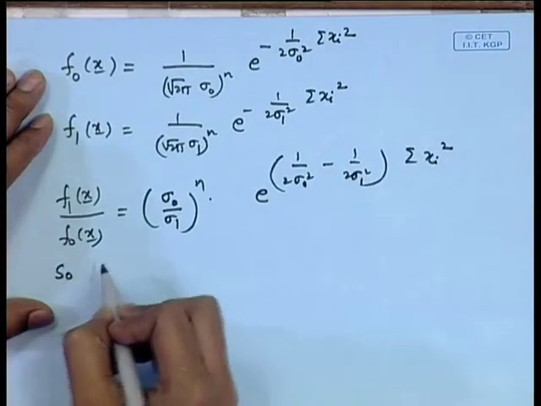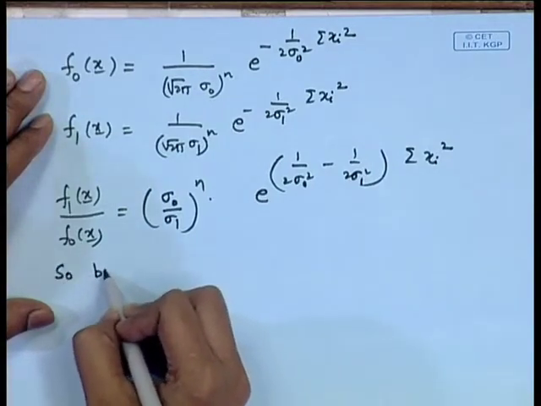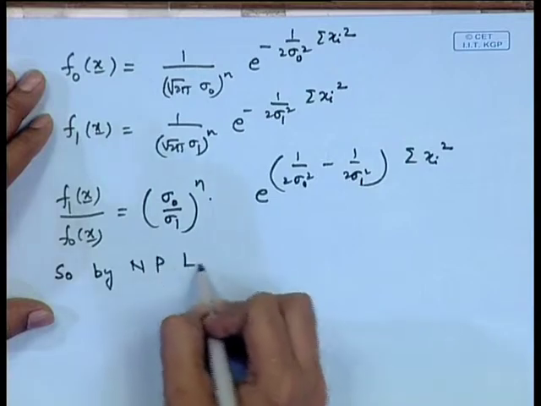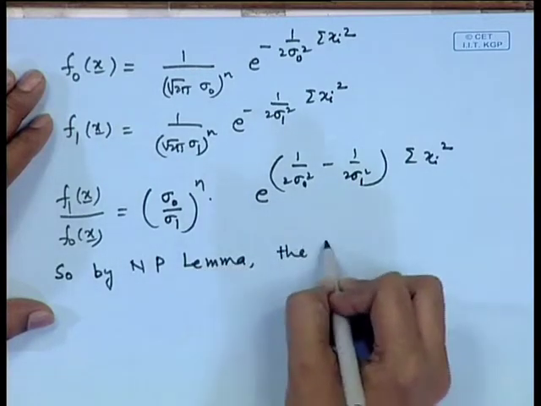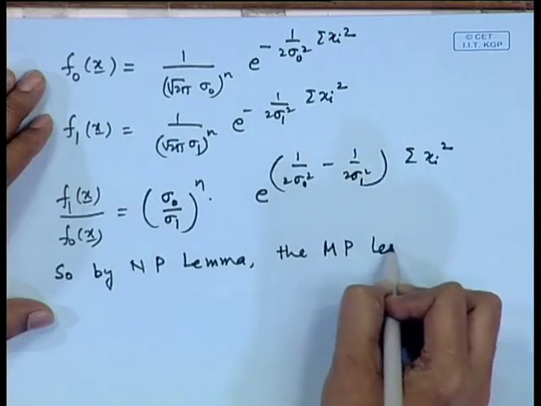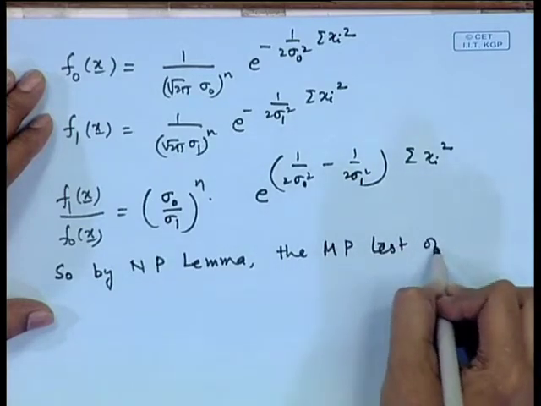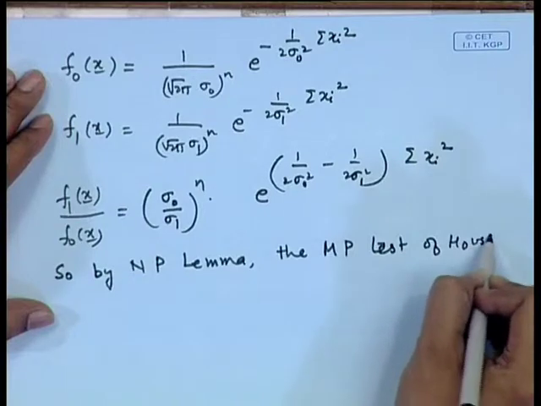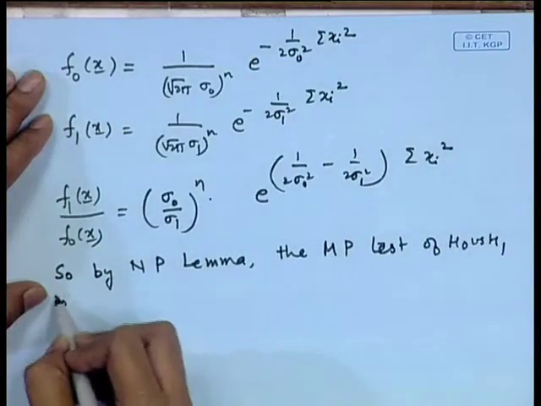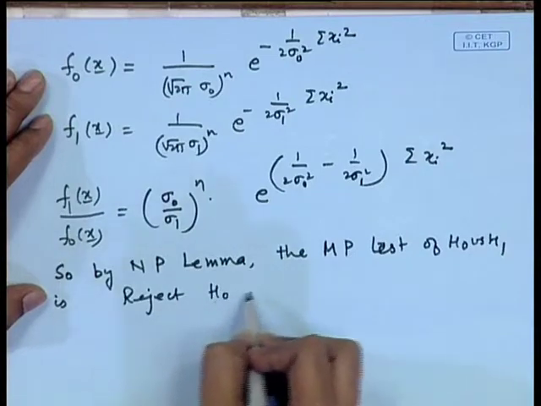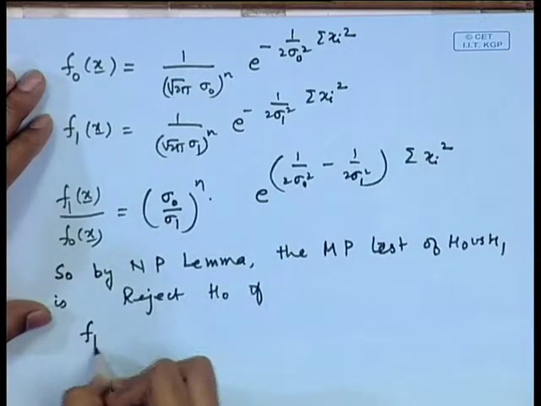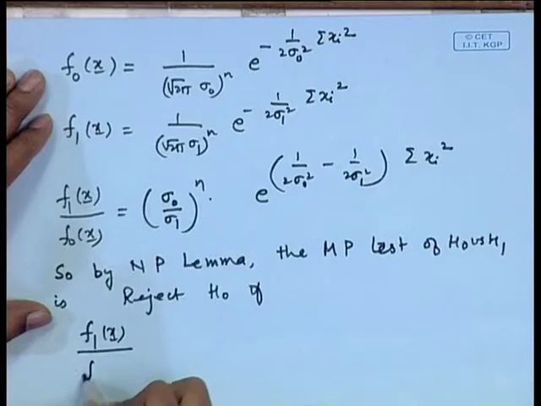So, by the Neyman-Pearson lemma, the most powerful test of H naught versus H 1 is: reject H naught if f 1 x by f naught x is greater than or equal to k.